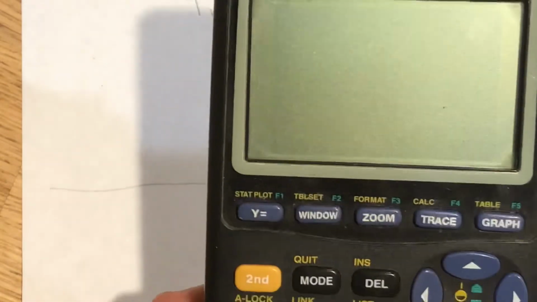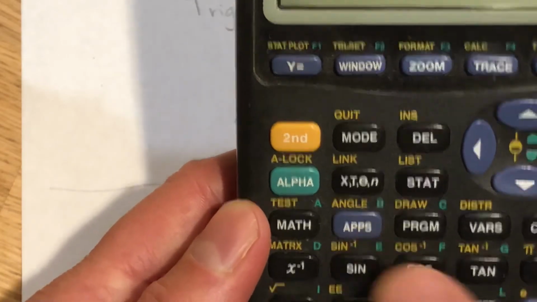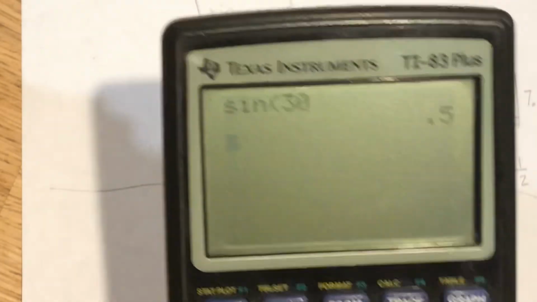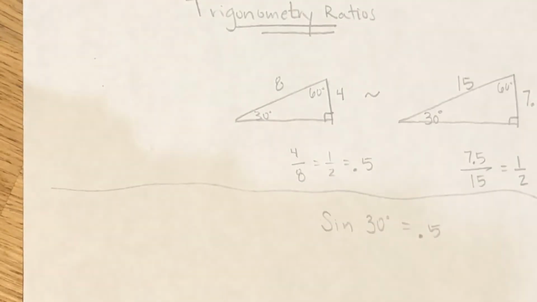So now we could hit this sine button, sine of 30 degrees equals, and we get 0.5. Well, what the heck does that mean? In everyday life, we have shortcut ways of saying things all the time. You know, LOL, laugh out loud.